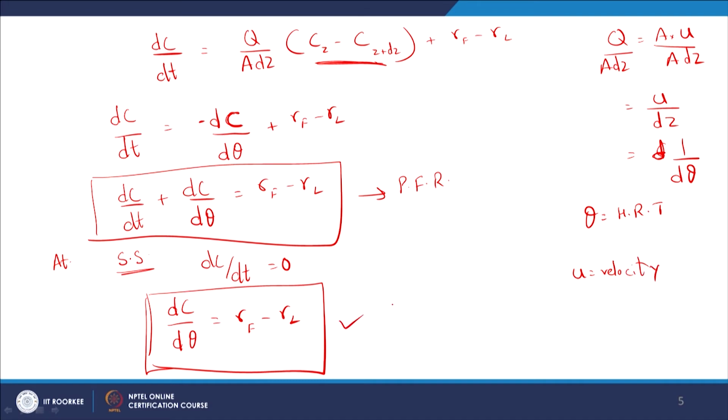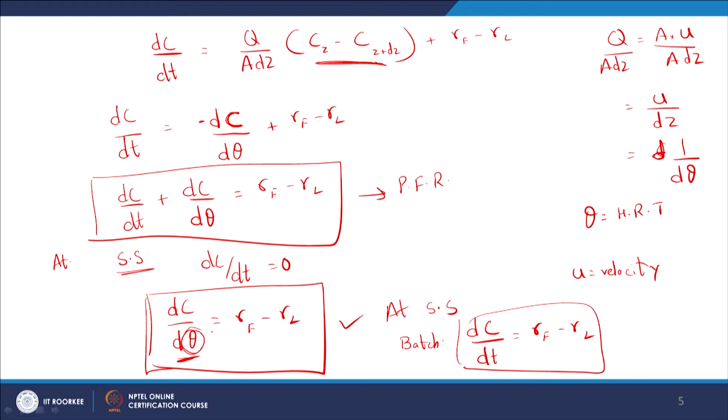Again, this is the take home message, obviously at steady state, right. So, if you can look at the similarities with respect to what we derived for the batch reactor. So, this was for a plug flow reactor. For batch, what was it now? It was dc by dt is equal to rate of formation minus rate of loss. Again, the difference here obviously is that for the plug flow it is not dc by dt, but dc by d theta.